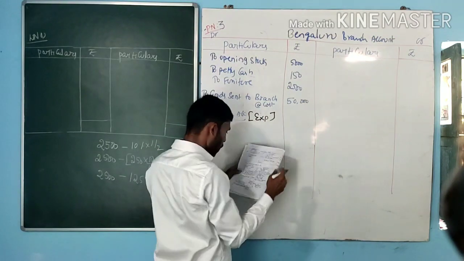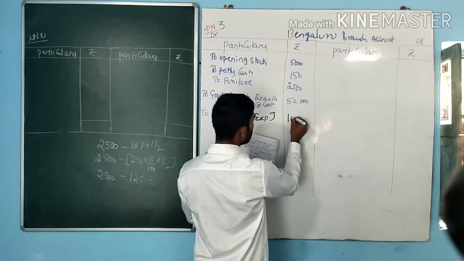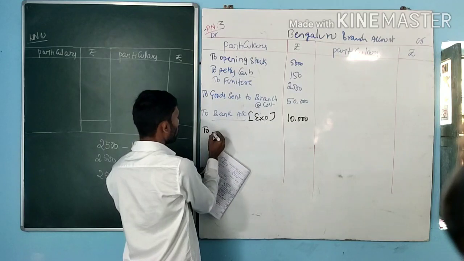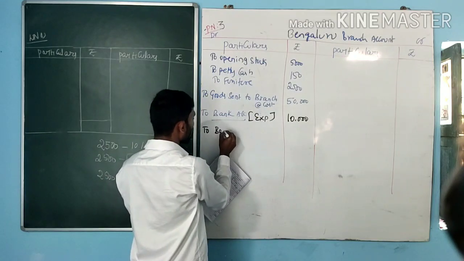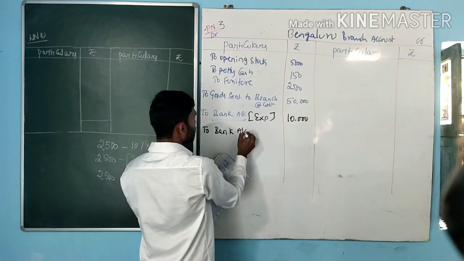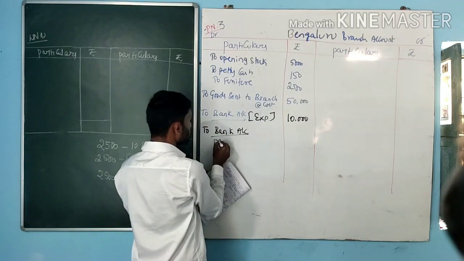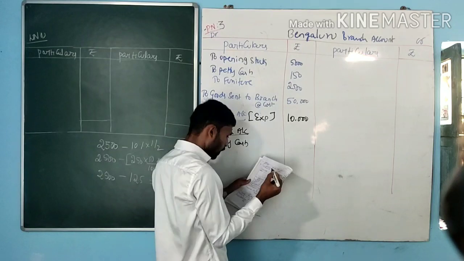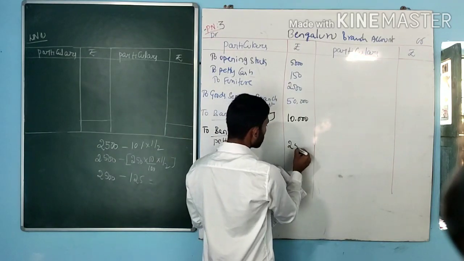Expenses amount 10,000. Next, again there is another one, bank account, that is petty cash. Again the head office is sending petty cash to the branch. To petty cash 250 rupees.